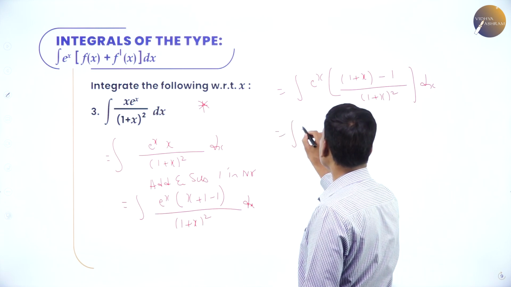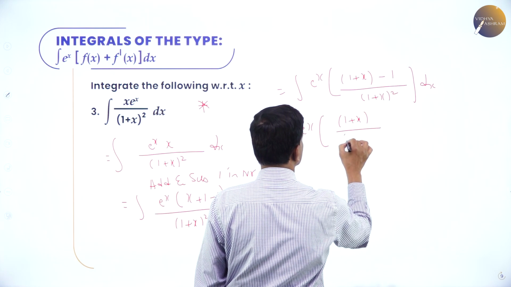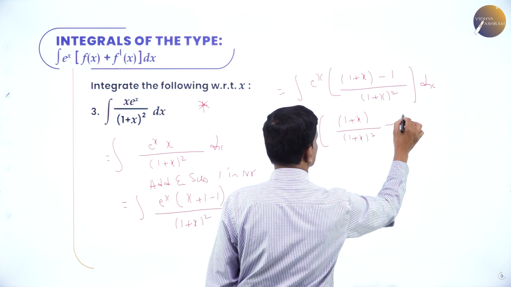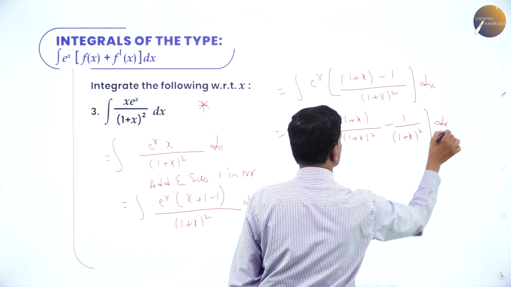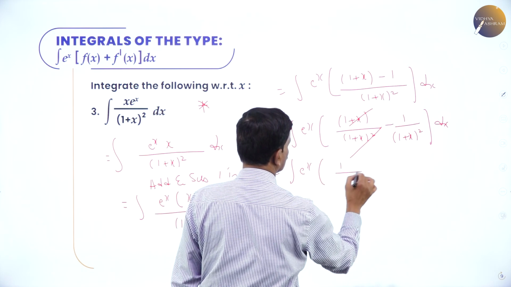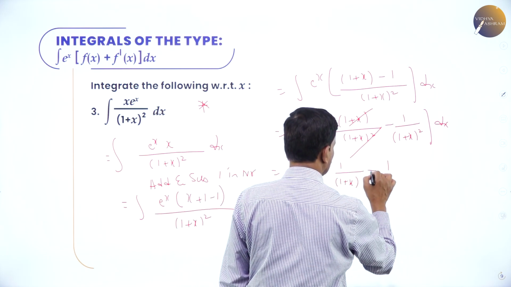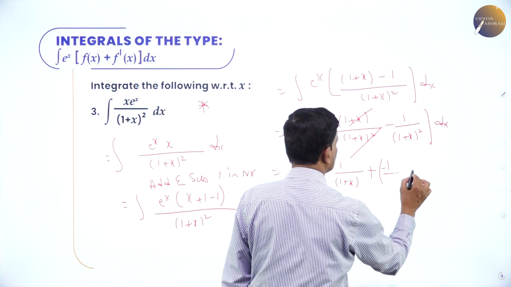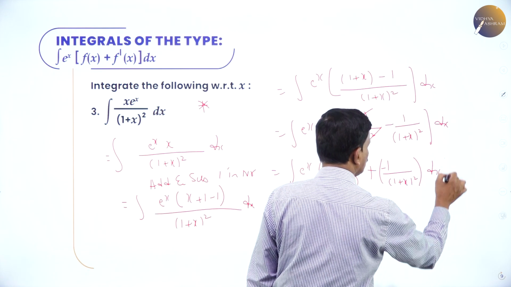So, this can be written as e to the power of x into, term by term division, (1 plus x) divided by (1 plus x) whole square minus 1 divided by (1 plus x) whole square. So, here one term gets cancelled. e to the power of x into (1 by 1 plus x minus 1 by (1 plus x) whole square), same as that of the previous problem.